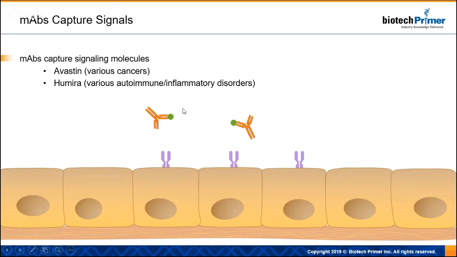The growth factor that cancer cells secrete is called VEGF, vascular endothelial cell growth factor. And what this does is it causes the blood vessels in the surrounding tissue to grow directly into the tumor. And this allows the tumor cell to survive.